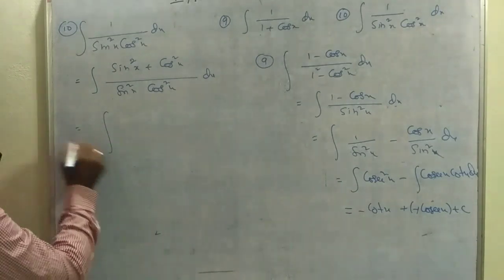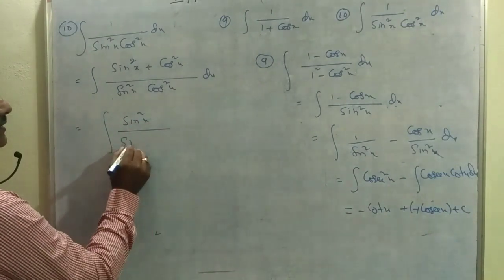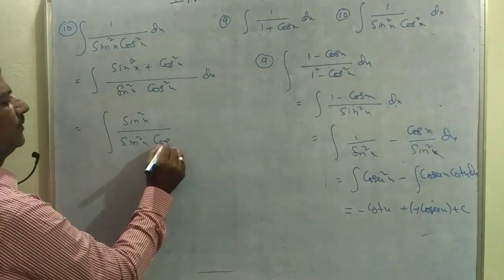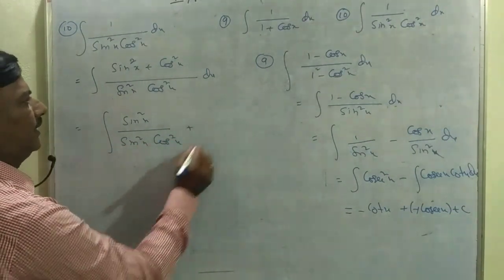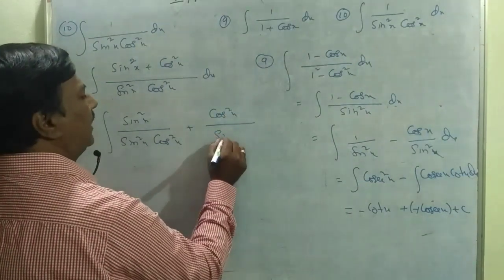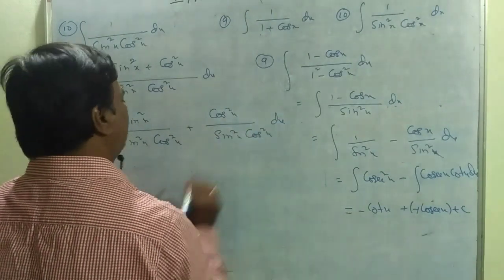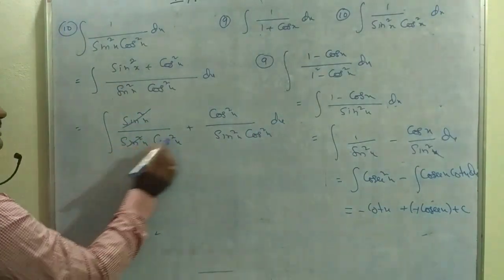That means the integral of sine square of x divided by sine square of x into cos square of x separately, and cos square of x divided by sine square of x into cos square of x dx separately. These and these get cancelled.